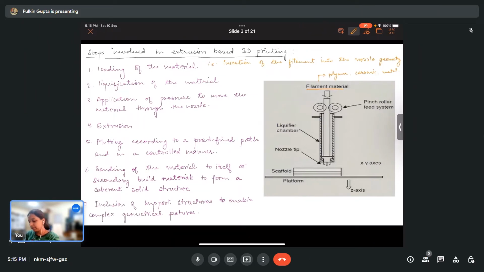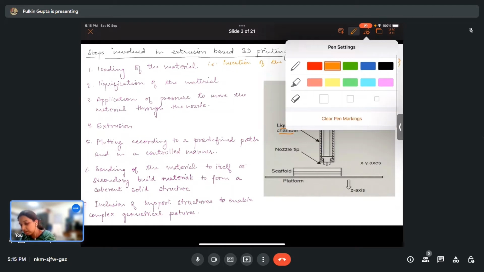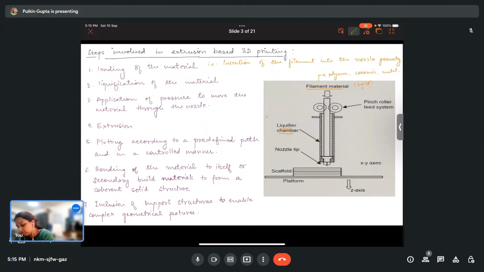The next step is liquefaction of the material. Now when this material has been inserted, there is this liquefier chamber. The material is in solid form, and here in the liquefier chamber there is a conversion from solid to liquid state. For this conversion to take place effectively, what is required?